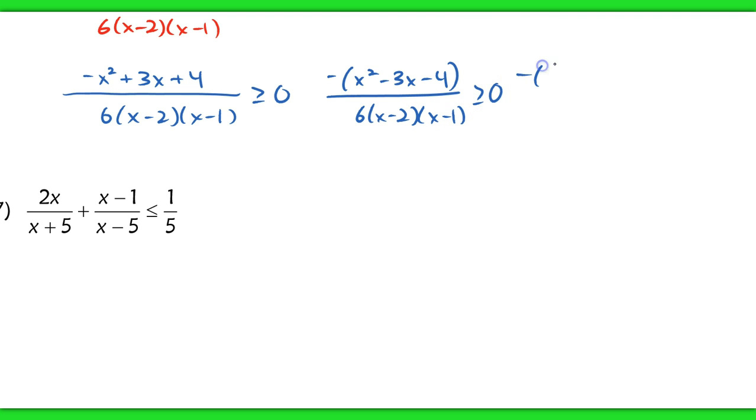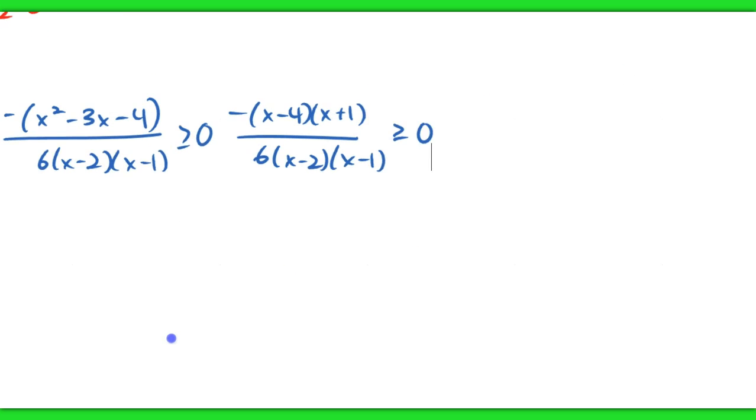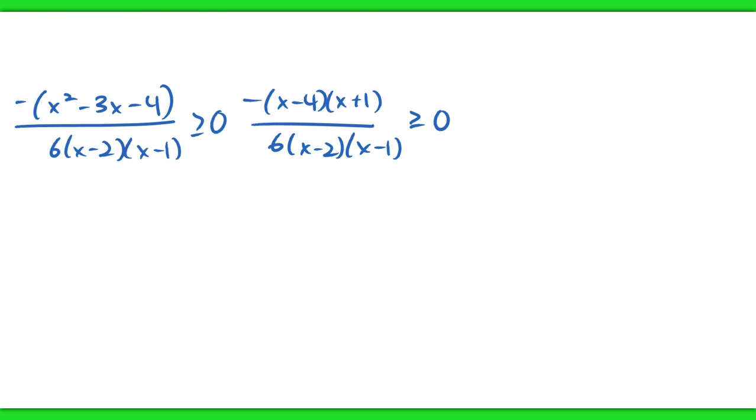So I have the opposite of x minus 4 times x plus 1 over 6 times x minus 2 times x minus 1. Okay, so this is getting pretty big, but now we have several key numbers, right? Our key numbers here are going to be positive 4, negative 1, positive 1, and 2.